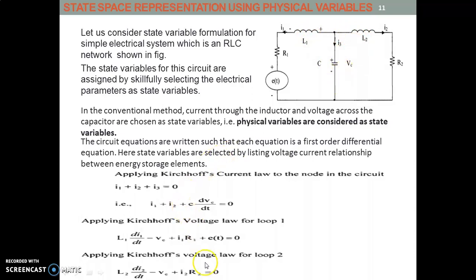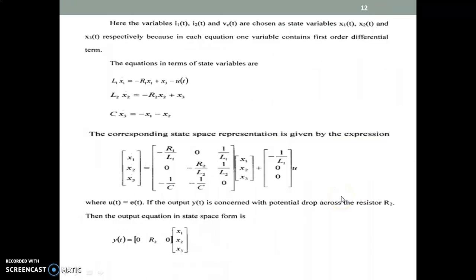Right? So in these expressions, just separate dV by dt. It is first order, right? You just keep it on the left side, remaining you keep on the right. Similarly, di1 by dt, di2 by dt. Now you see here, the variables I1 of t, I2 of t and Vc of t are chosen as state variables: X1 of t, X2 and X3.